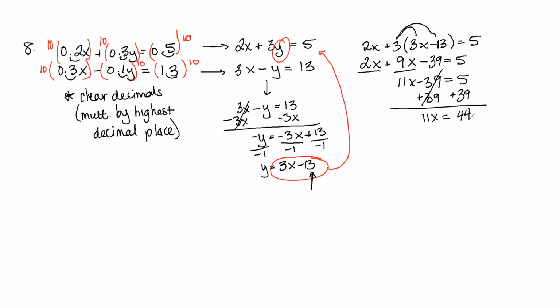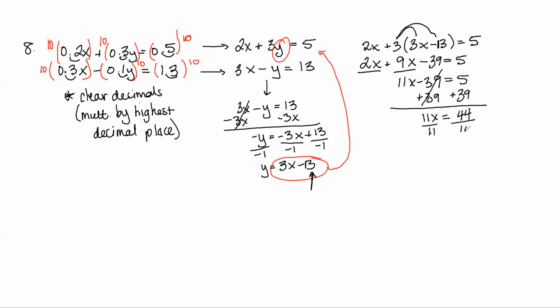So if you noticed, what I did was, because I noticed we were going to end up with a really ugly fraction, a lot of the times you can get fractions, they're usually nicer, like a half or a quarter, something like that. We were going to get 14 over 11, which is a really weird fraction to get. So I just wanted to double check that everything was correct. Always a good thing to do when you get weird numbers.